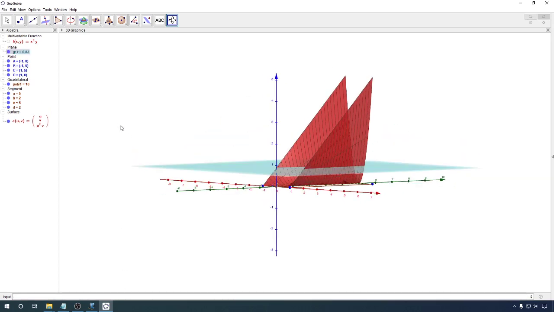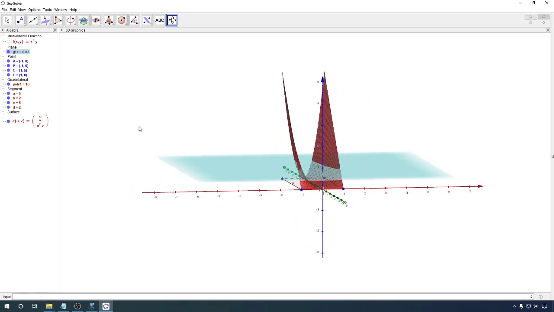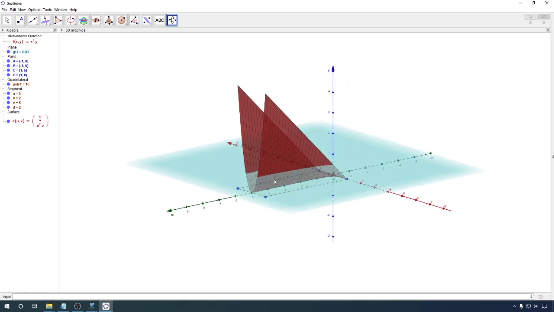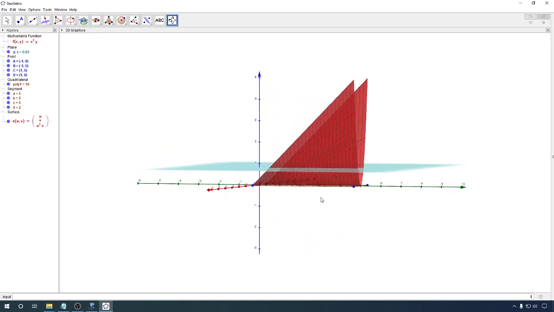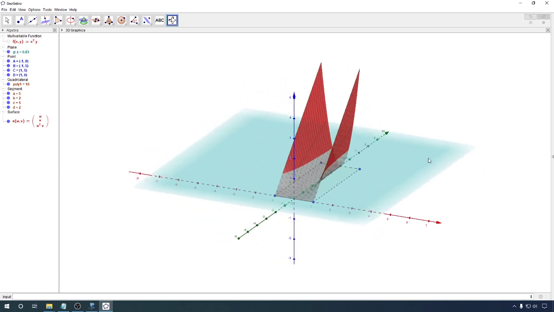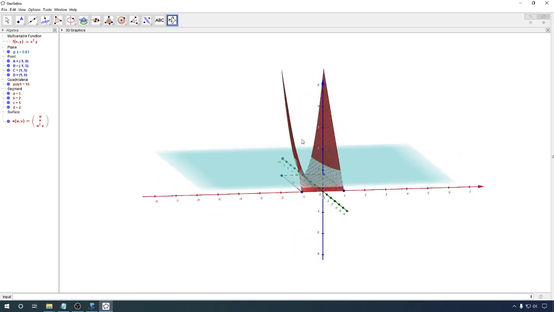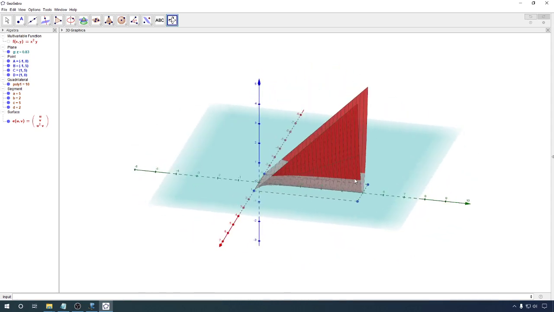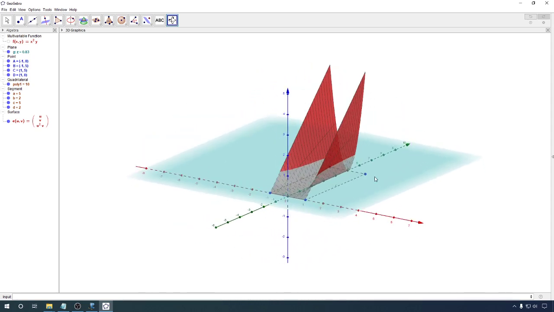It would be this plane here. And it's saying on average, the height of the surface is equal to the height of this plane. So there's a lot of points in the middle that are below the plane, and they're kind of evening out all the points that are way above the plane. That's the way you might think about it.